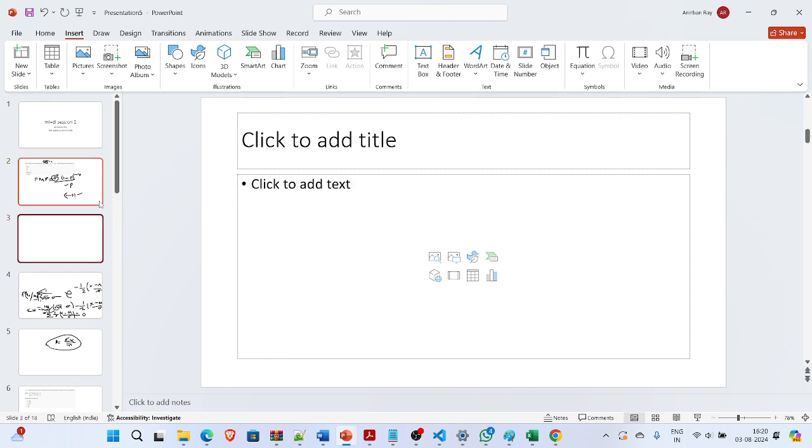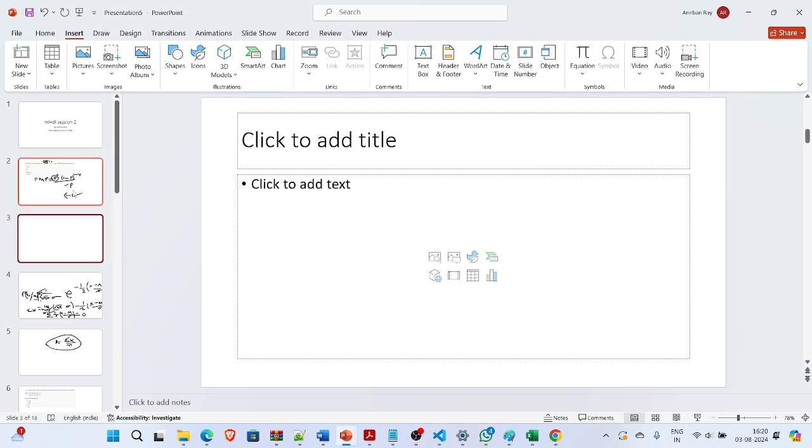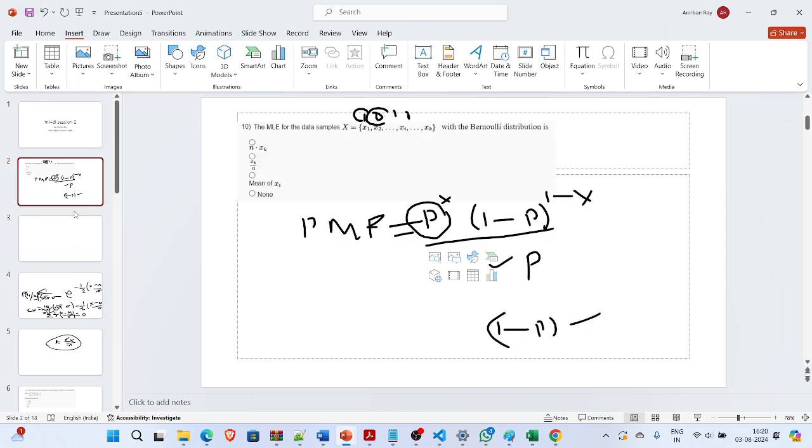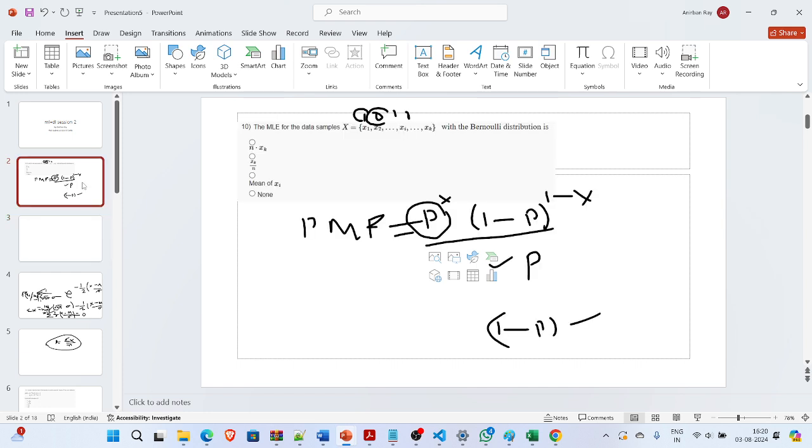So we're trying to find the expectation here. Now next what we do is, as you can understand, the samples are here independently drawn.